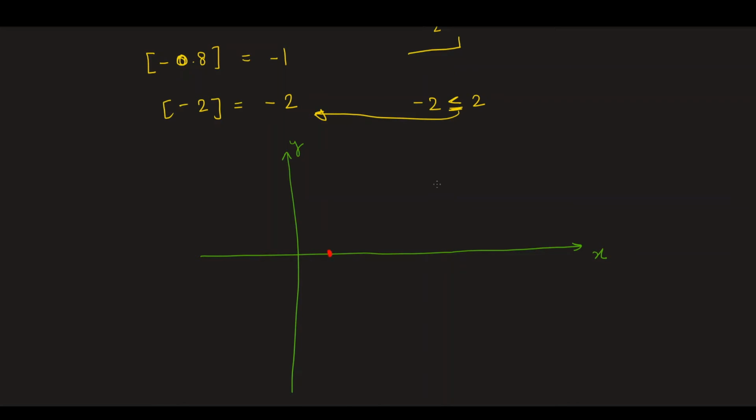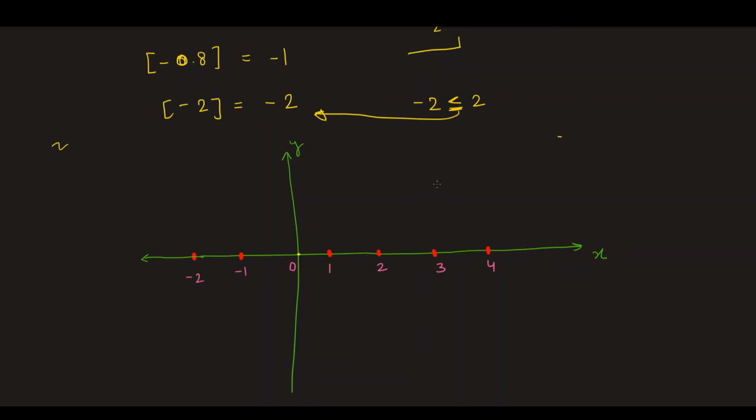This is 1, this is 2, this is 3, and some points on the negative axis: 0, 1, 2, 3, 4, minus 1 and minus 2. There is a very set way to draw this graph. Just start from 0.